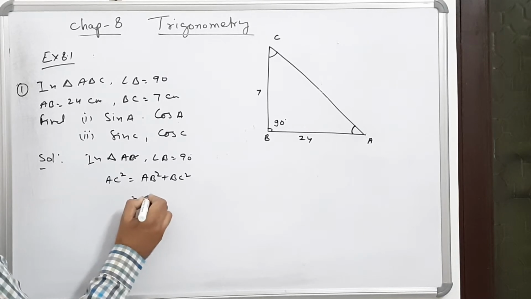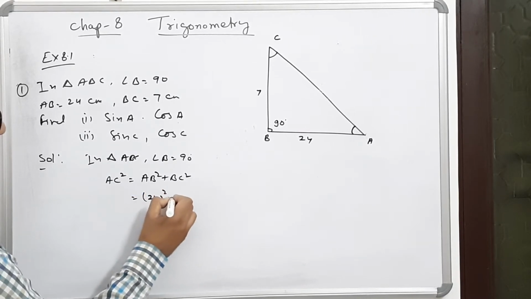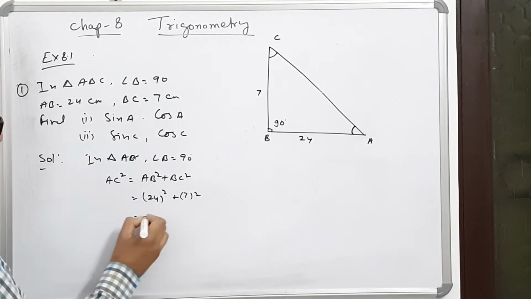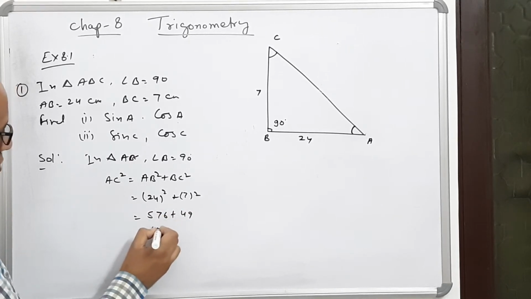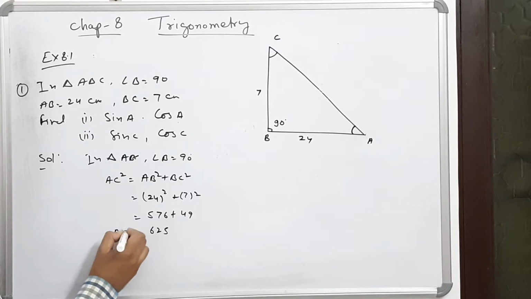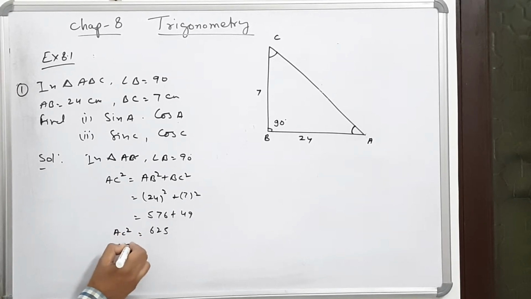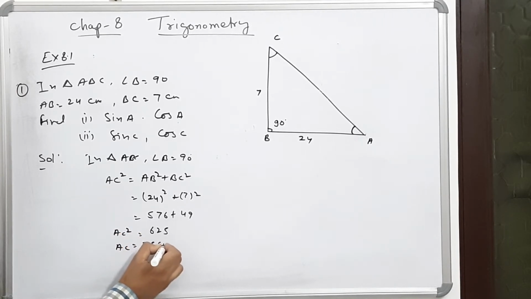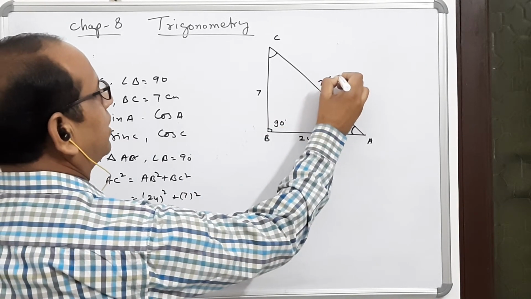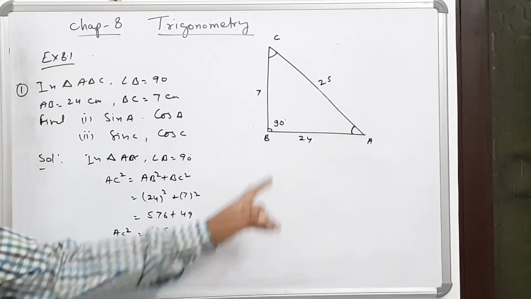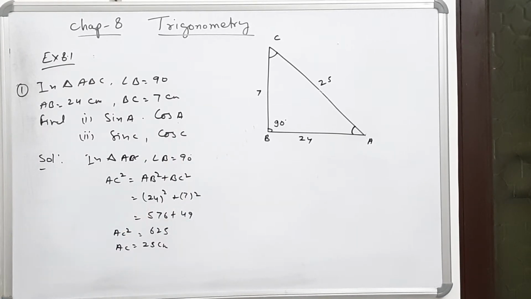So now it is 24 square plus 7 square, which is 576 plus 49. So the total is 625. That is AC square. So what will be the length of AC? Definitely it is 25 centimeters. All are in centimeters, so I am not writing the units.